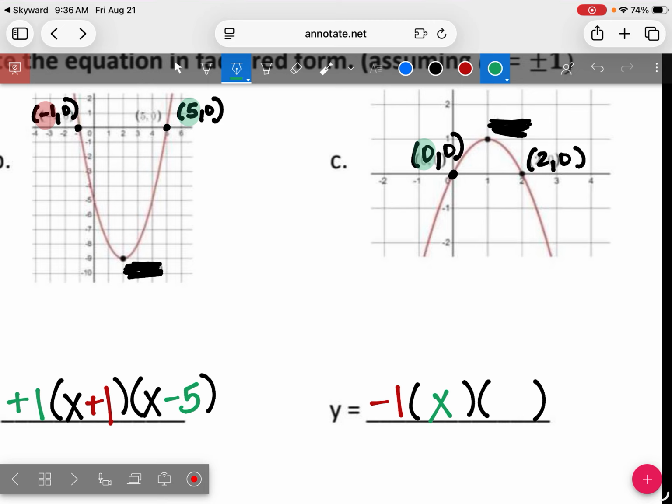You could put x plus 0, x minus 0, but normally we don't talk about adding or subtracting 0. We just put the x. And then we have a plus 2. And what's the opposite of plus 2? Negative 2. And that would be my factor.